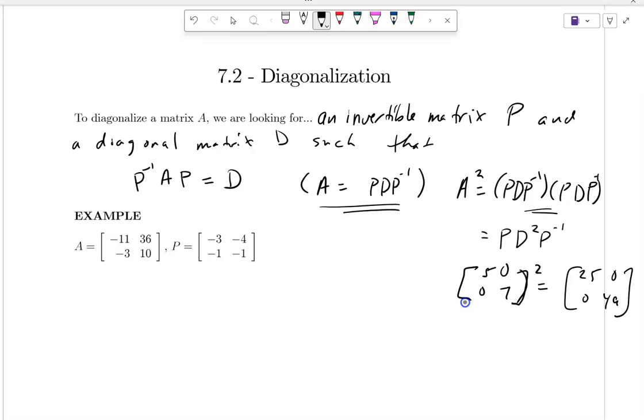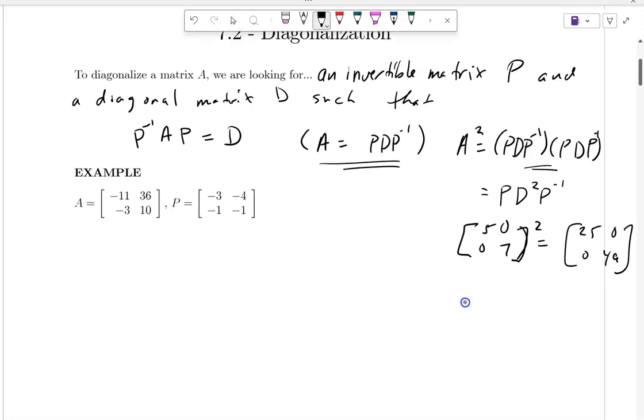So let's look at this particular one real quick, and then we'll talk about how we find this next time. Let's see if I take P inverse. It is a 2 by 2, right? So remember how you do inverses of 2 by 2s? Do 1 over the determinant times, you flip the main diagonal, negate the off diagonal, right?